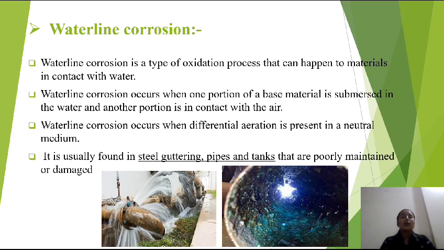Waterline corrosion occurs when differential aeration is present in a neutral medium. It is usually found in steel guttering, pipes and tanks that are poorly maintained or damaged. See, here the pipes are damaged.